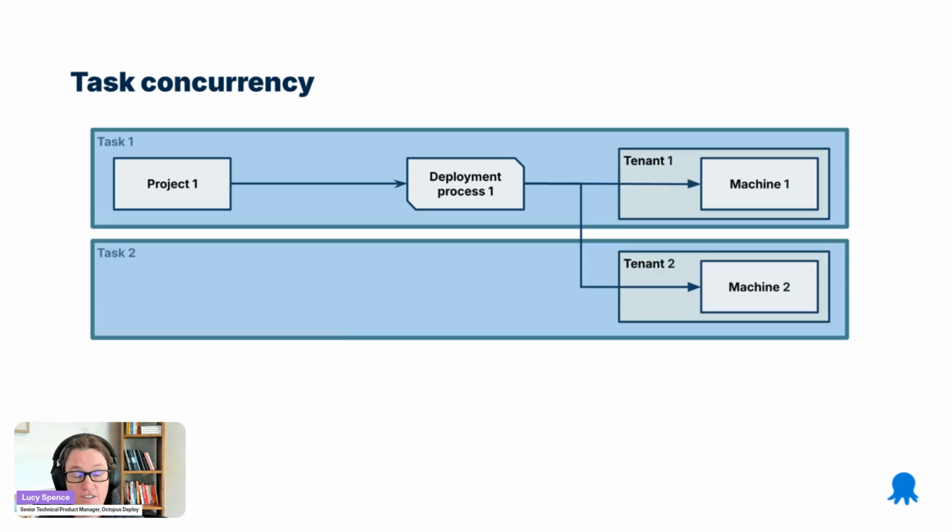If, however, you use tenants and those machines are assigned to tenants, that will actually split out two tasks. So you could have exactly the same process going to the same number of machines, and in one situation it would be one task, but with the inclusion of tenants, you could make that two tasks. That gives you just a bit of optionality about which direction you want to go in for this.